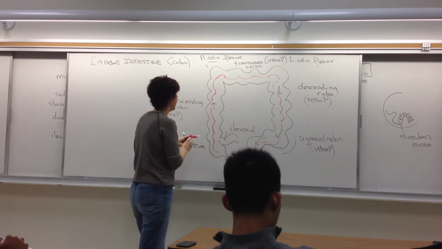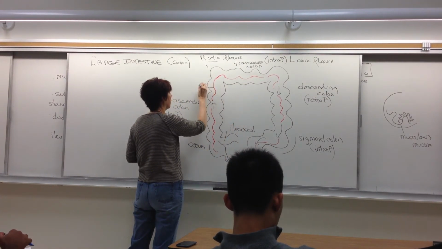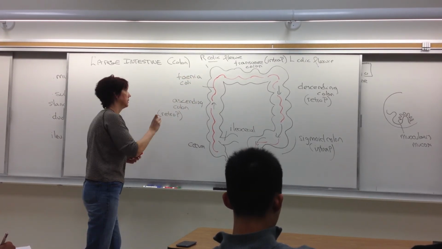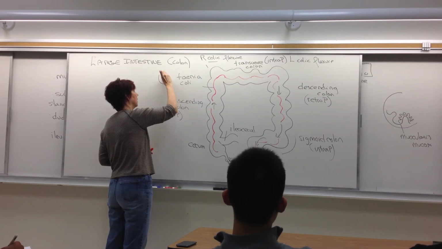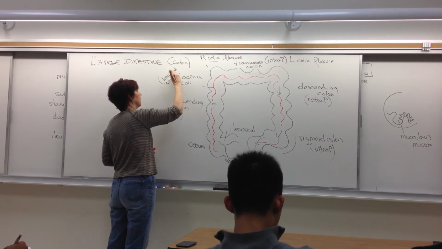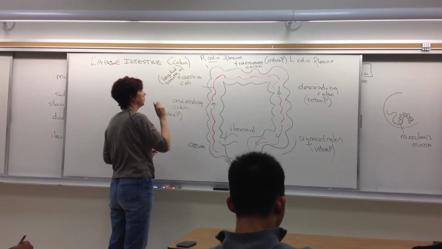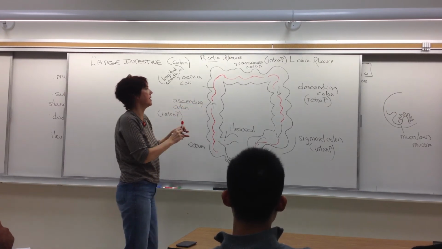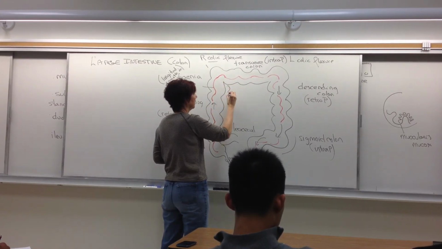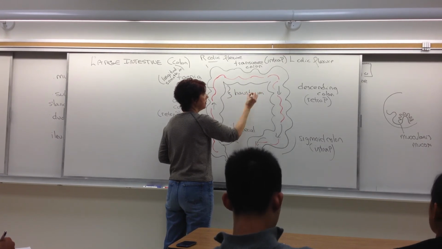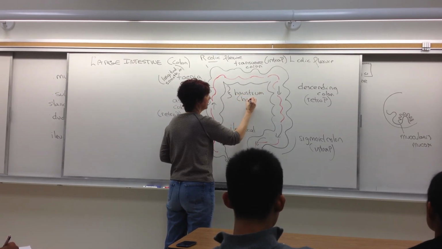And so these three bands of longitudinally arranged muscle are known as taenia coli. The longitudinal smooth muscle. Its tone and contraction creates these pouches, which are known as haustrum. Plural is haustra.